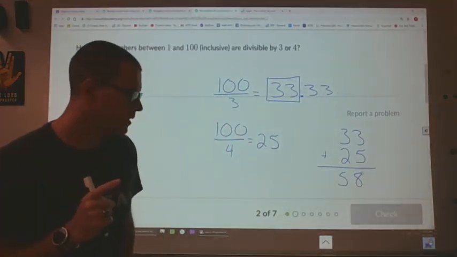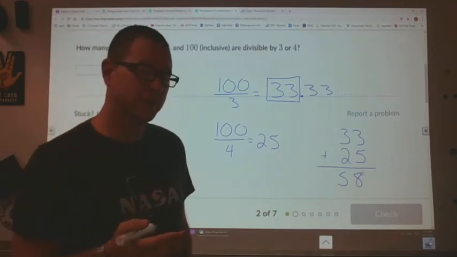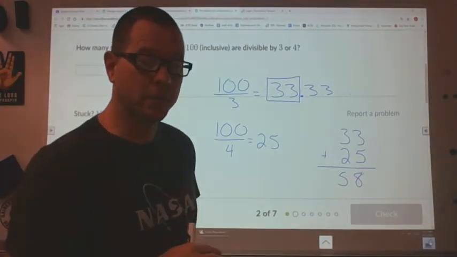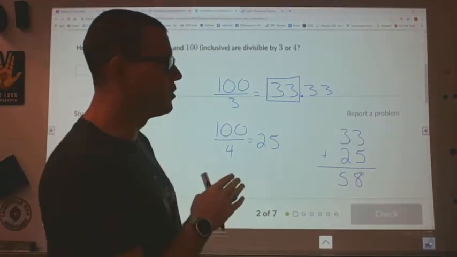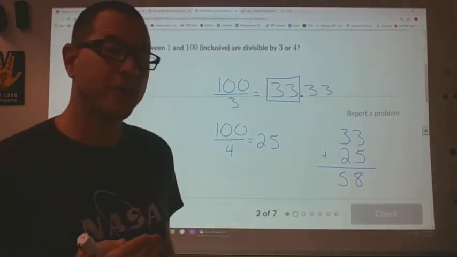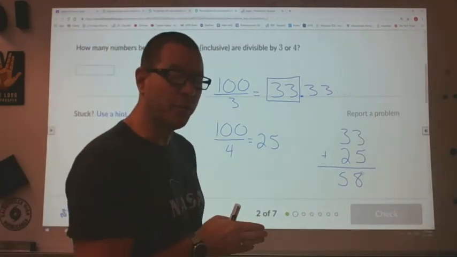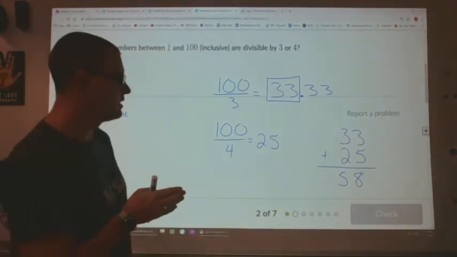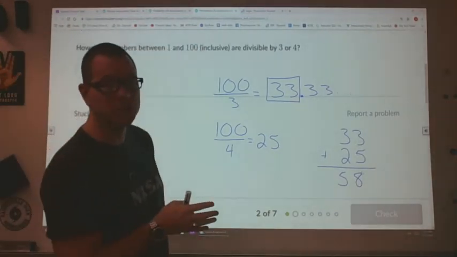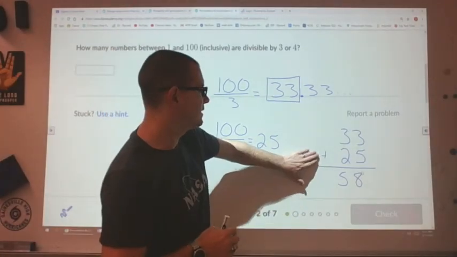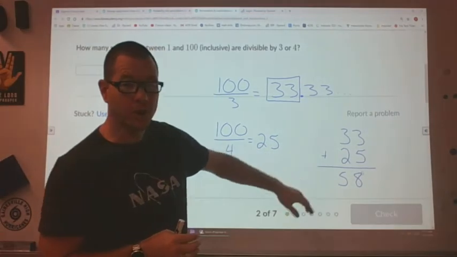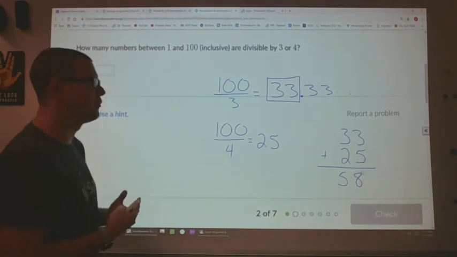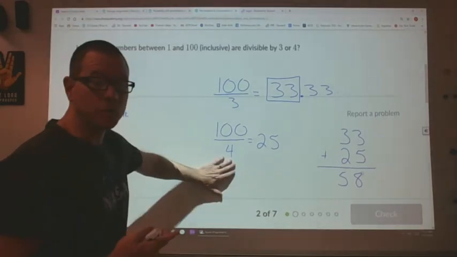But we're over-counting because there are some numbers from 1 to 100 that are divisible by 3 and 4. So we have to be very careful with statistics. That's really what this is trying to do, is get you to recognize that statistics is a very nuanced mathematics. You have to be careful how you're counting things, or you'll throw your statistics off.